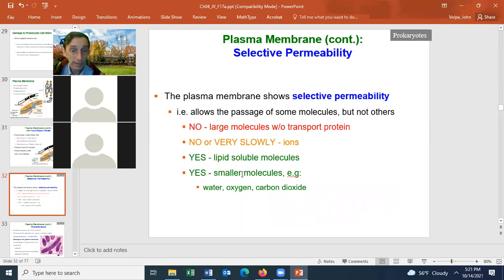Lipid molecules can move through the cell membrane or any other membrane. However, if you think about it, a cell is mostly going to be surrounded by water and molecules that can dissolve in water. So a cell in the blood is not going to see a whole lot of lipids.